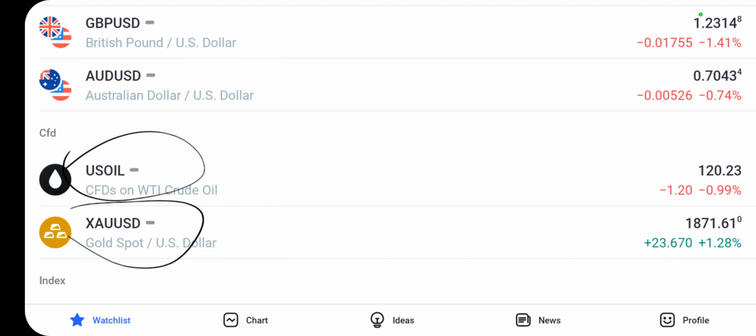I think I will have another video for US30 and Nasdaq. Those are moving almost similarly, so for me it's not wise to open trades on both of them. Try to open one, because they are moving almost the same.